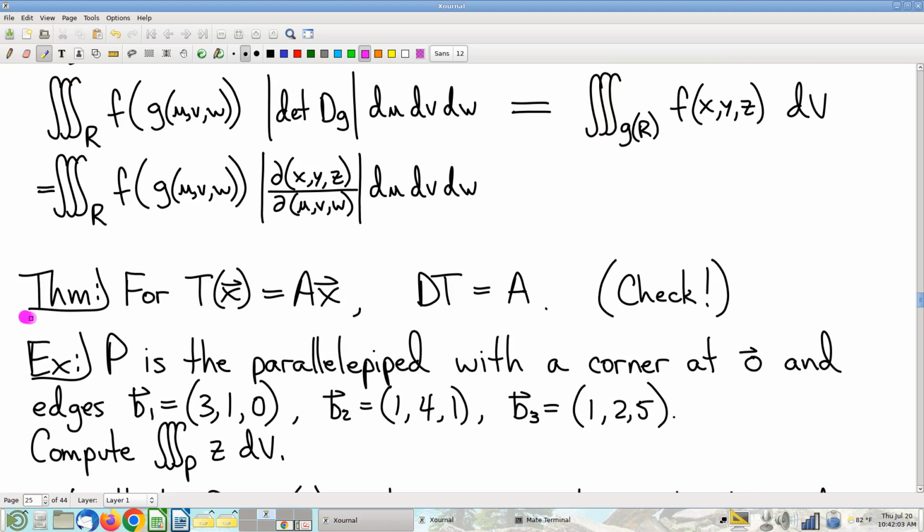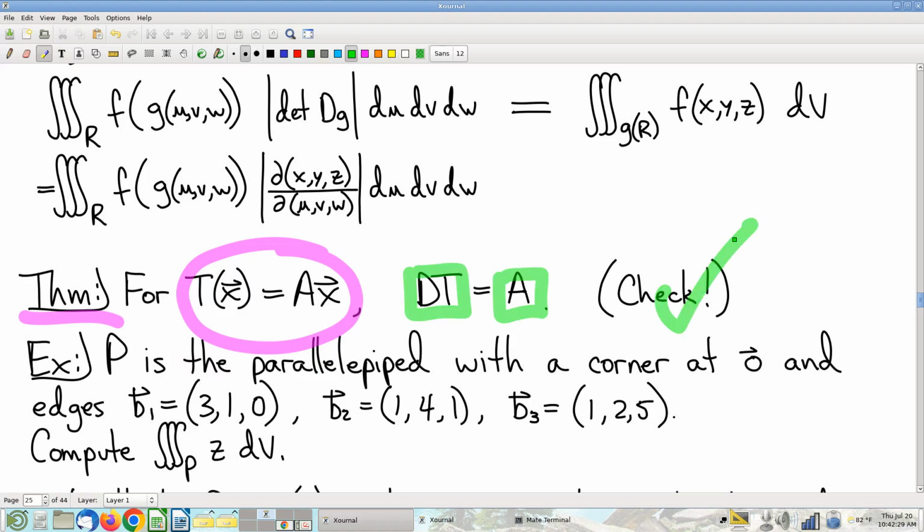This first little theorem that I want to throw in here, just to get it out of the way, is a neat fact. If you view matrix multiplication as a function, assuming A is a constant matrix, it turns out that the derivative matrix is the same matrix.